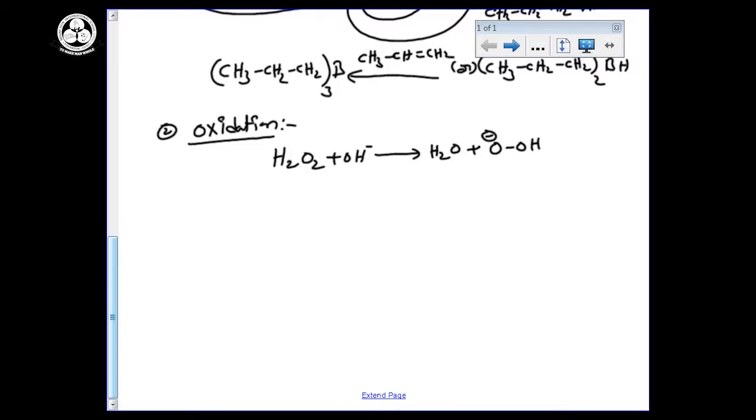This one I am taking as CH3 CH2 CH2 thrice on boron, and OH minus. Previously, as we saw, boron is electron deficient, there is a vacant orbital, and here OH minus is the electron rich molecule. Now it can donate electrons to this one to form a coordinate covalent bond.